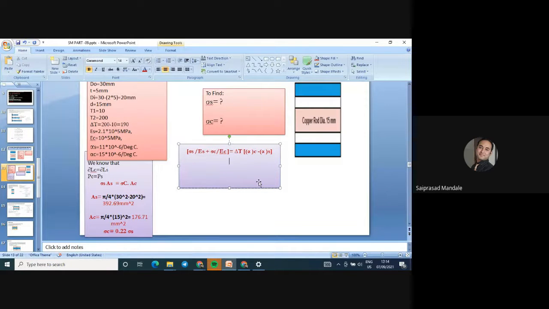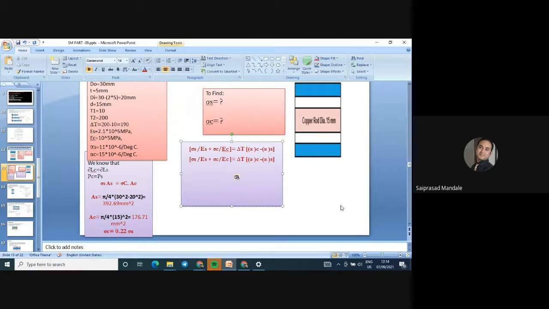So sigma c is equal to 0.22 sigma s. I'm going to copy this equation and replace sigma c as 0.22 sigma s.